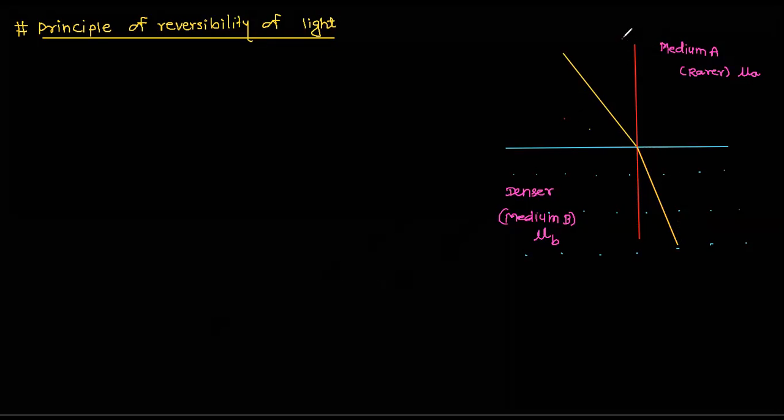So here NM is the normal. This one is angle of incidence, this one is angle of refraction. So here it is X, this one is Y, and this one is Z. So the light ray will travel like this. Okay, this is the light ray direction.